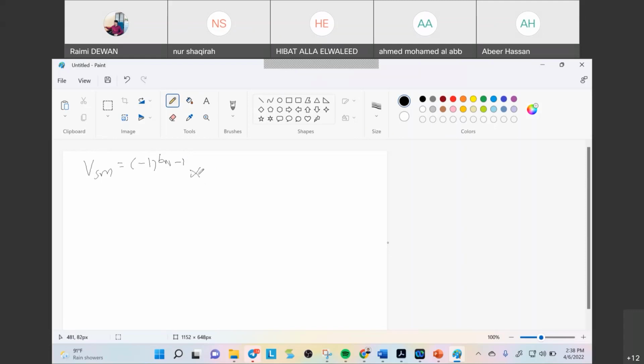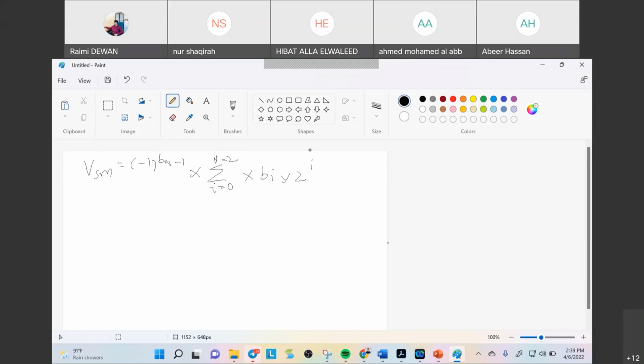In sign magnitude it is different from unsigned numbers. So in the sign magnitude, we multiply with the summation of i equals 0 to n minus 2 of b_i times 2^i.